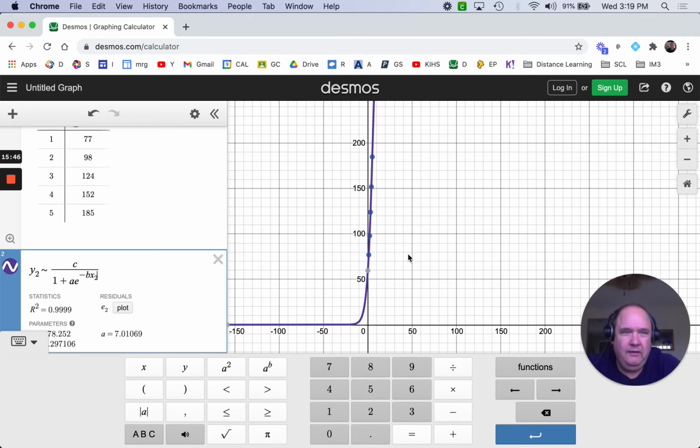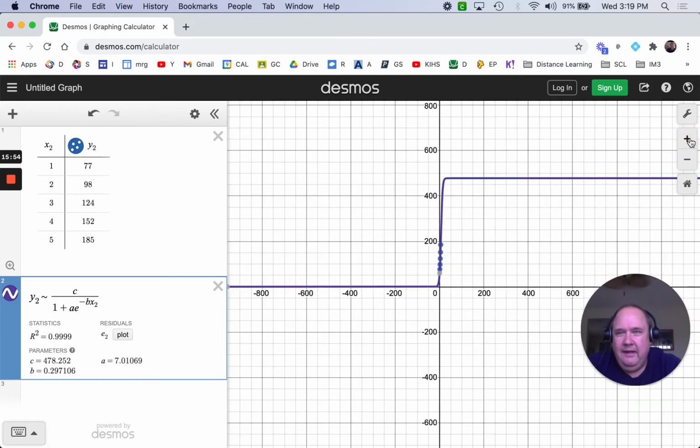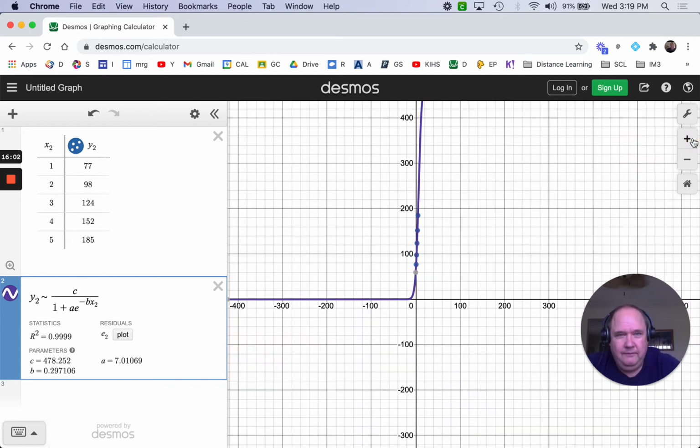So there you see a logistic growth model. I wonder, intrigued, see where it caps off here? So it grows, and then it caps off. Now C is the cap. So C is 478. So that's the cap of the temperature, according to this model. And then the question is, so I'm going to write that down.